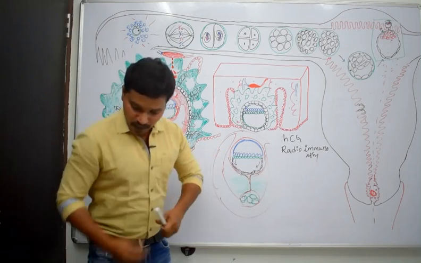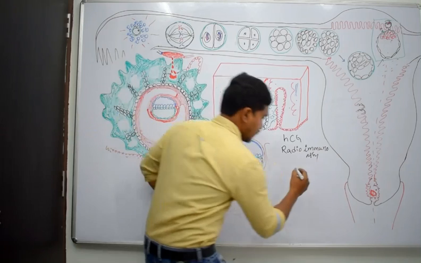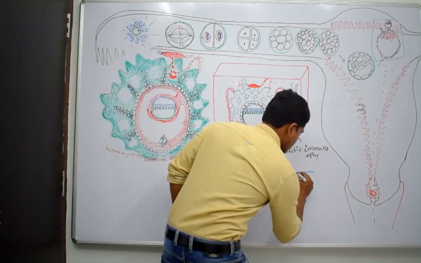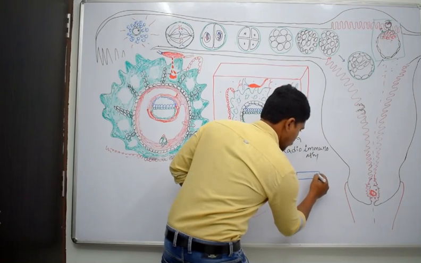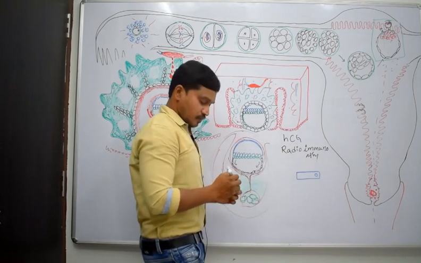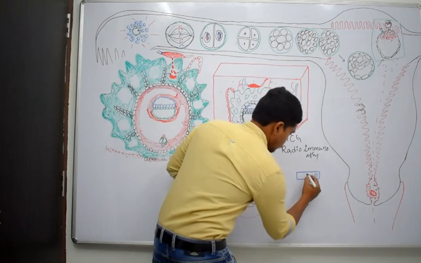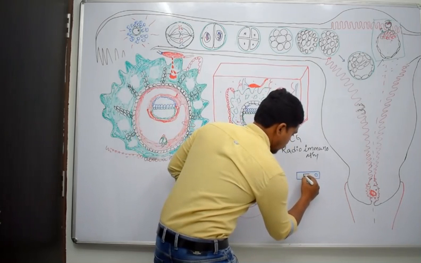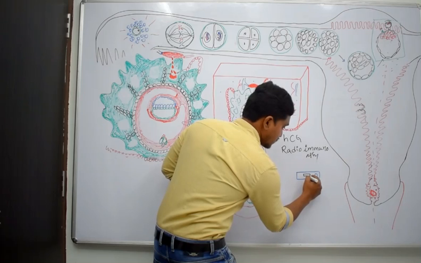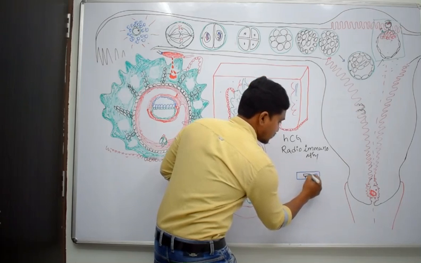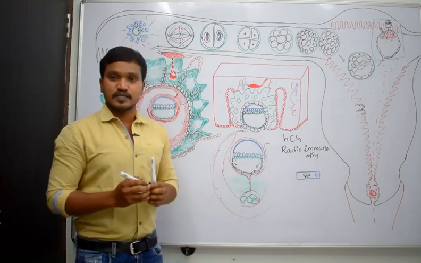I hope you must be aware of the pregnancy test kit. The kit contains a strip like this. At one end of the strip you can observe the urine well, and in the center you can observe a quadrangular depression like this. Below that you can observe C and T. C means control, T means test.